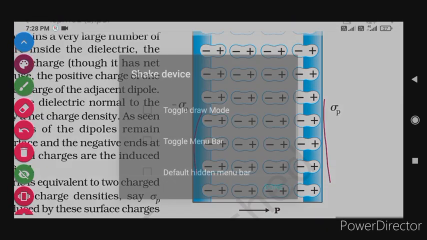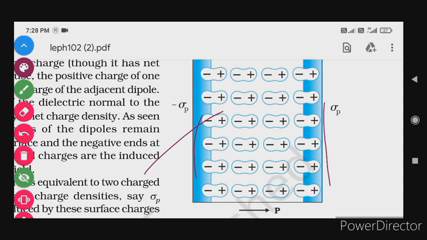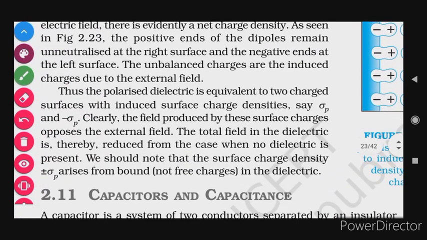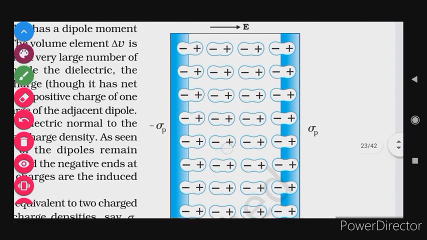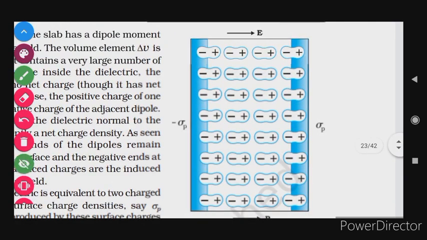Okay, so now the next paragraph is: thus the polarized dielectric is equivalent to two charged surfaces with induced surface charge densities, say sigma p and minus sigma p. So we can say there are two charge sheets. Okay, one charge sheet is like this, that has surface charge density minus sigma p, and the other has sigma p, that is positive surface charge density.